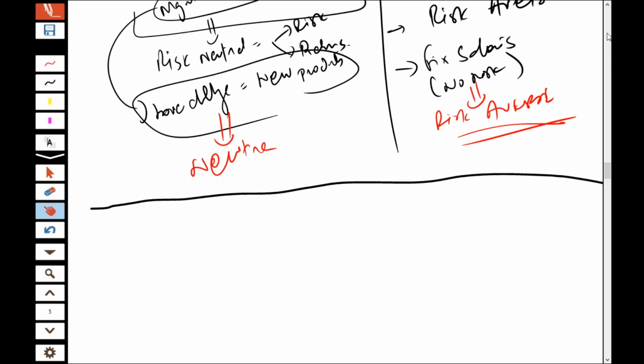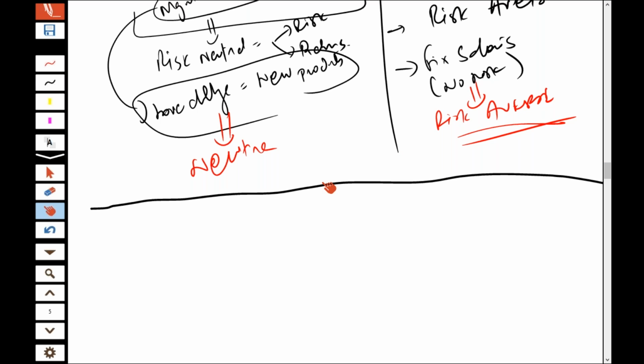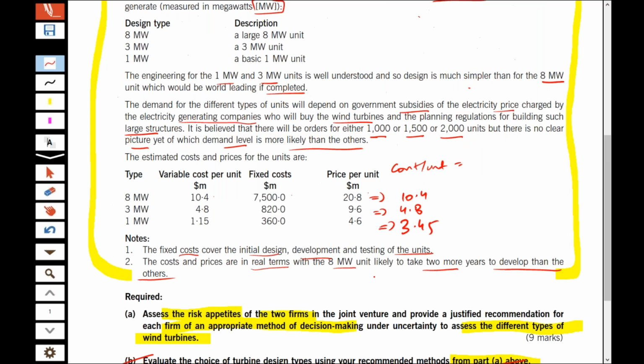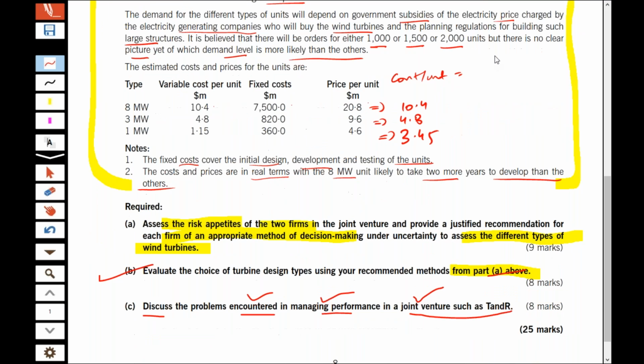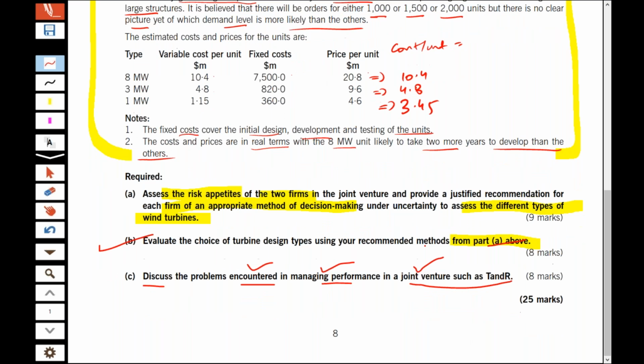Now, the next requirement of this question is that we have to decide about managing the performance in a joint venture. Can you please share some suggestions with respect to the problems that we may face with this specific joint venture?